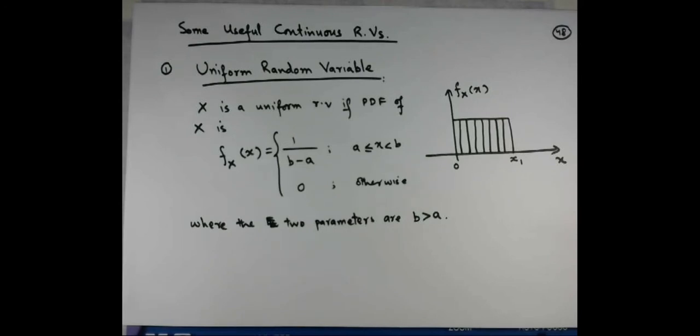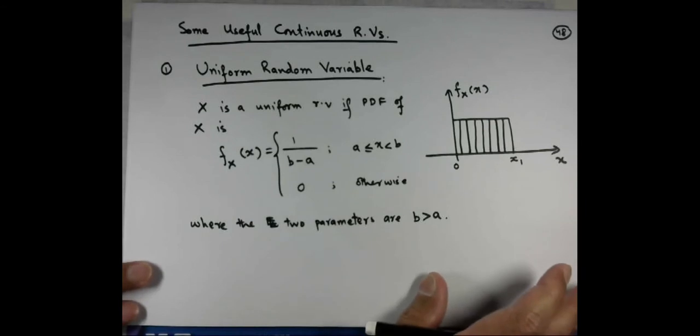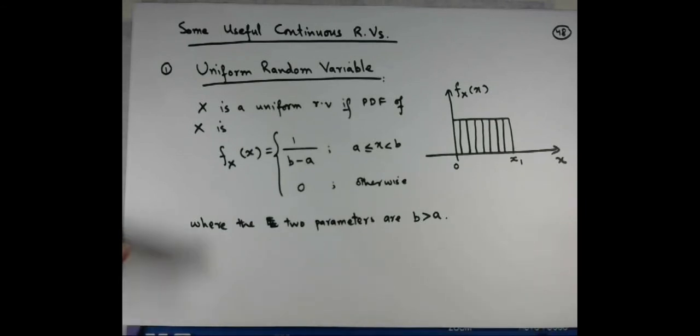So if x is a uniform continuous random variable, there is an equal probability of finding an outcome x in any interval of some length, and this probability will be equal to the probability of finding x in any interval of the same length. This is what we mean by a continuous uniform random variable.